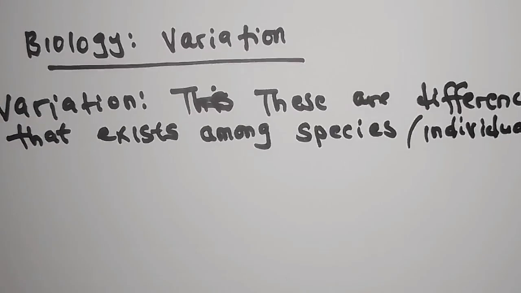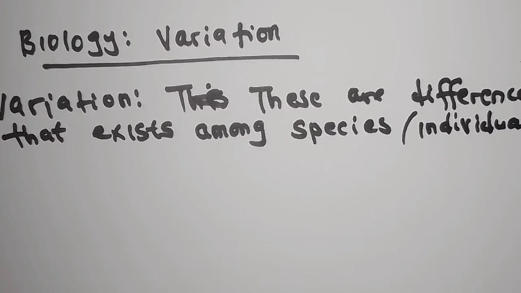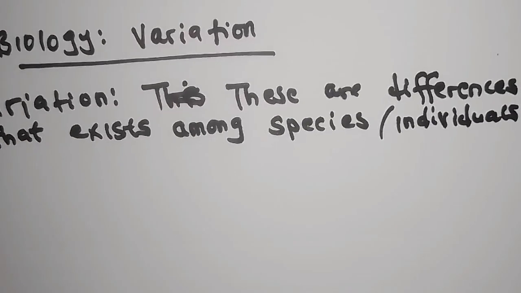So what this means is that when you're looking at variation, you look at something that you're able to see outside an organism, the appearance.